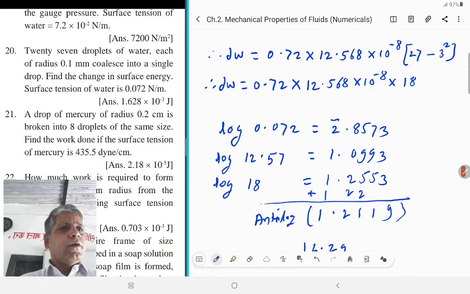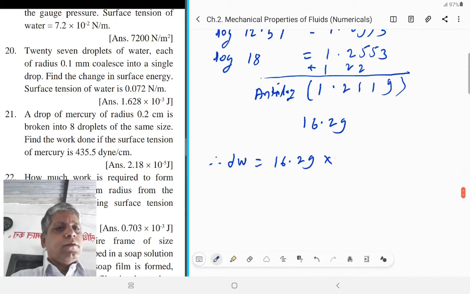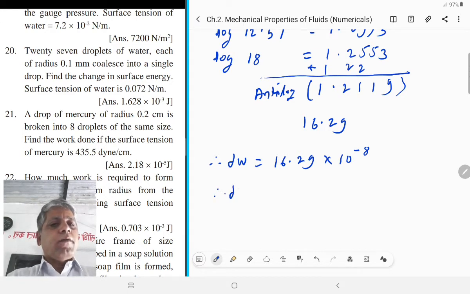into 10 raised to minus 8, and therefore work done or change in surface energy is 1.629 into 10 raised to minus 7 joule.